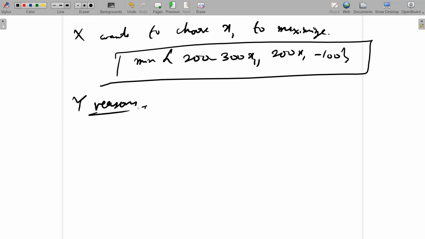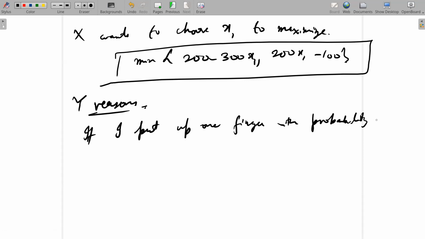So y thinks about this and says, if I put up one finger with probability y1, then x will win minus 100 y1 plus 100 y2 by repeatedly putting up one finger.